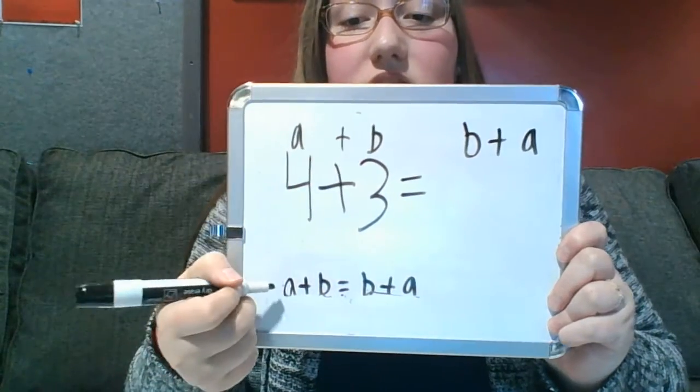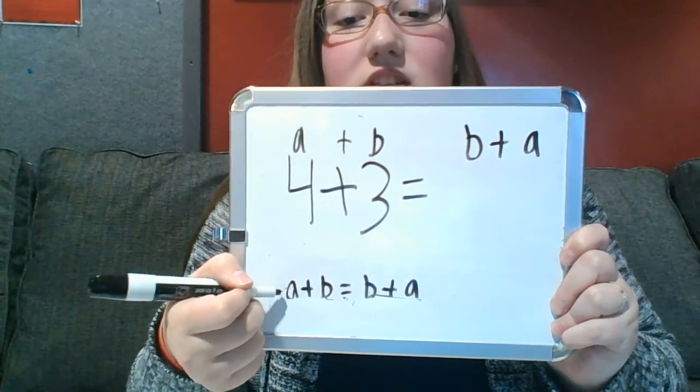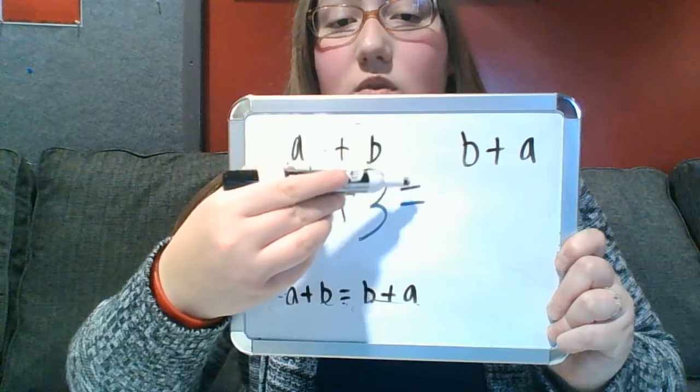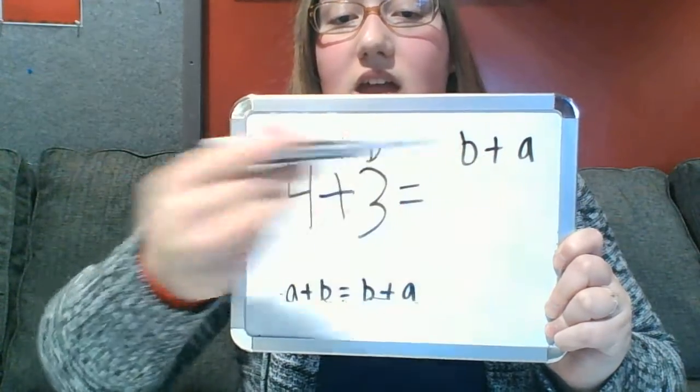So 4 plus 3 would equal B plus A. We write it as the commutative property of addition tells us to down here. A plus B equals B plus A.